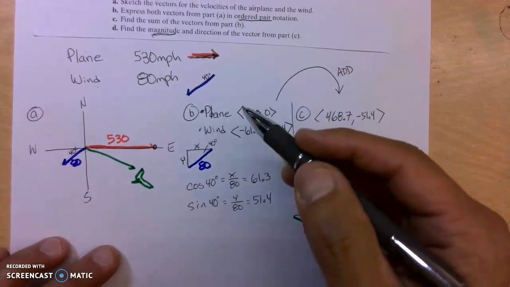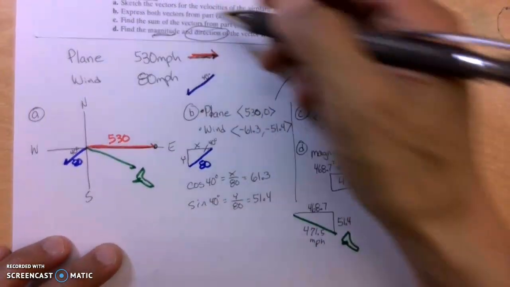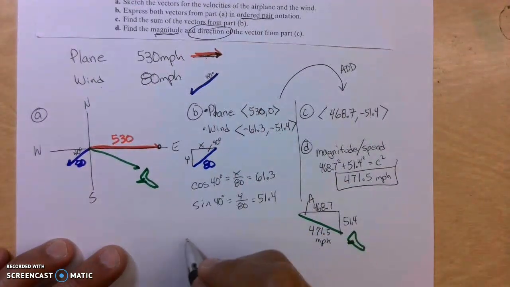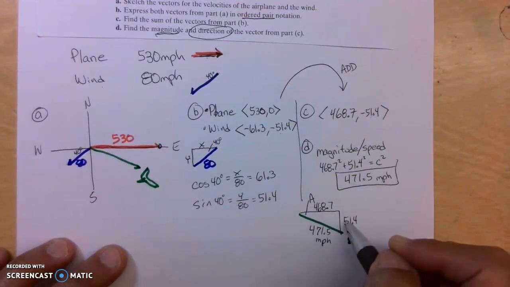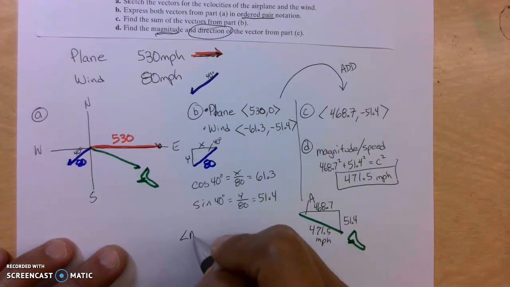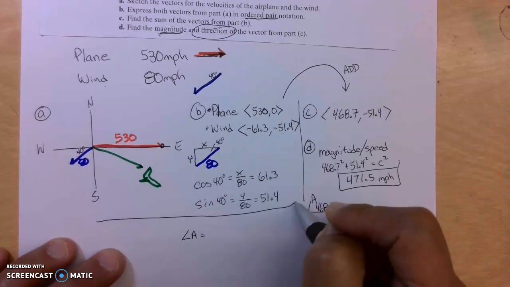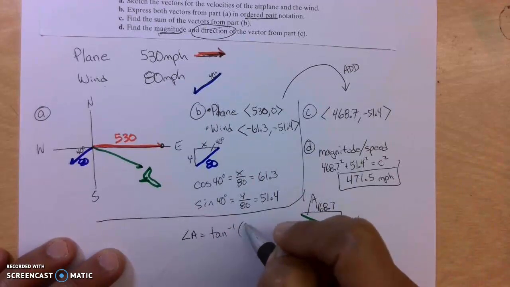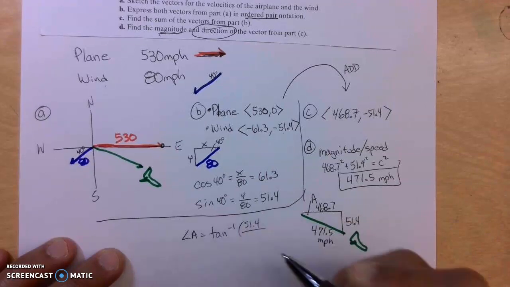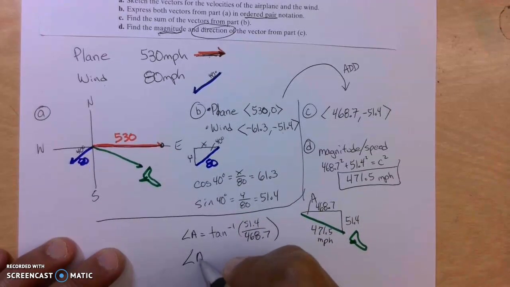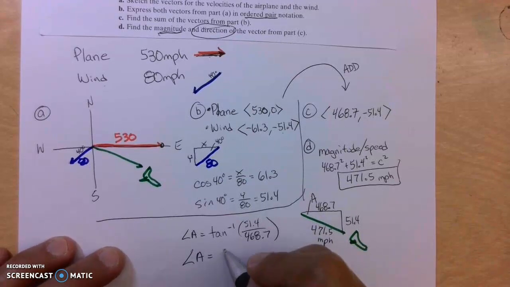The last remaining thing we have to figure out is the direction of this vector. We need this angle right here. I'll put an A there. I'm running out of room. So we're going to say opposite, adjacent. We're going to say angle A is inverse tangent of 51 opposite over adjacent 468.7. Throw that in the calculator and you get 6.3 degrees.